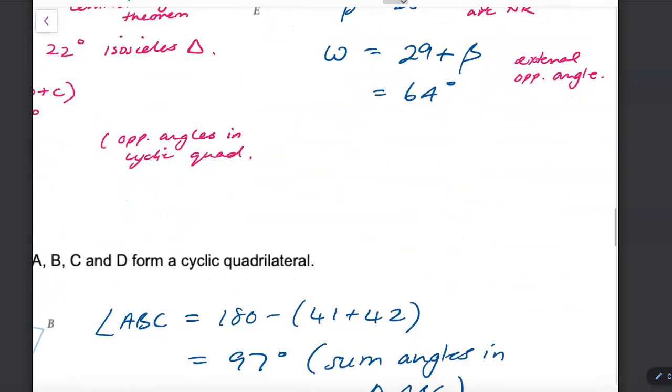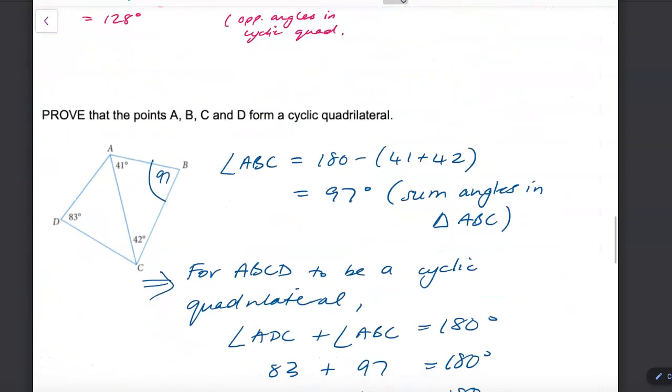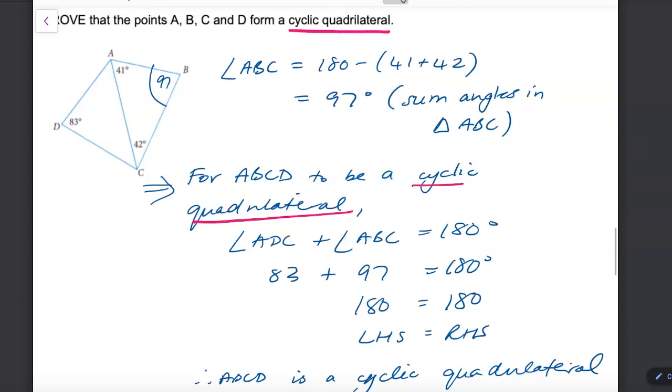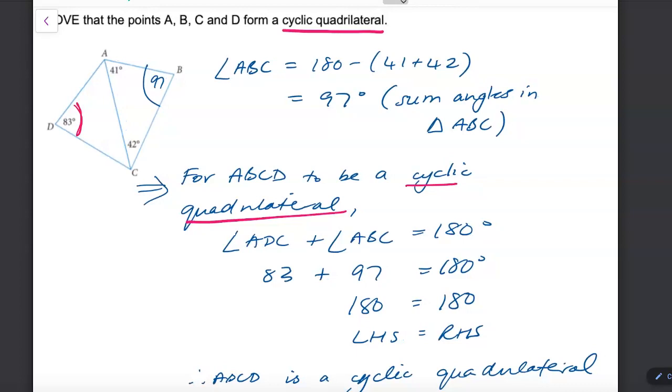Okay, question 2. We have this quadrilateral ABCD with some information, and we want to say that it is actually cyclic. For ABCD to be a cyclic quadrilateral, those opposite angles ADC and ABC must be supplementary, because that's our first theorem, the opposite angles of a cyclic quadrilateral are supplementary.